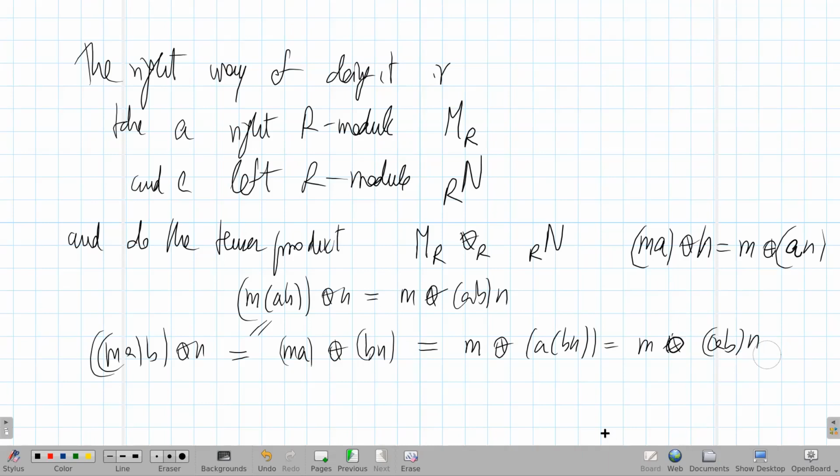Okay, and the point is that when you move things from left to right, you have to make sure that this is a right module and this is the left module. Then there is only a final problem, that this object, in general, when R is not commutative, because recall that when you were doing the tensor product of vector spaces, the result was a vector space, whereas here this is not.